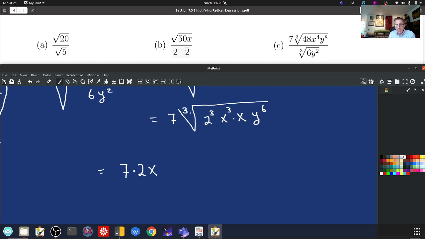Y to the sixth, 6 divided by 3 is y squared. And what has to remain? Just this one factor of x. So it's the cube root of x. So 7 times 2 is 14 x y squared times the cube root of x.